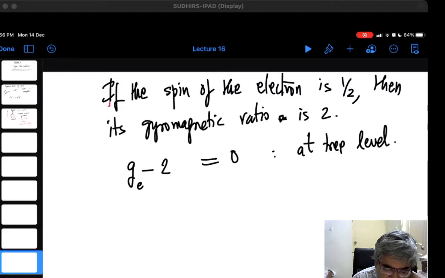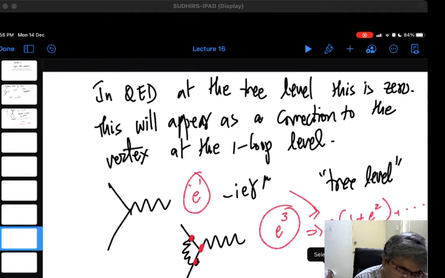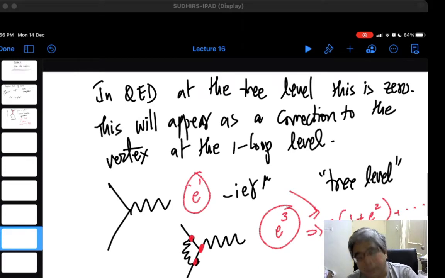Okay, but due to the radiative corrections, like for example by the diagrams which I have shown you in the previous slide, there are additional diagrams in which there are corrections coming from higher order processes.